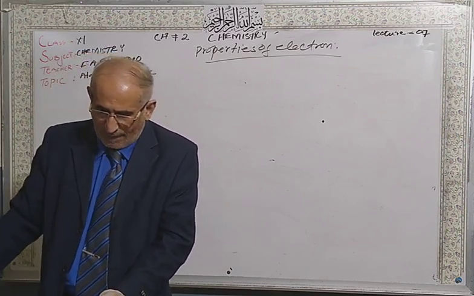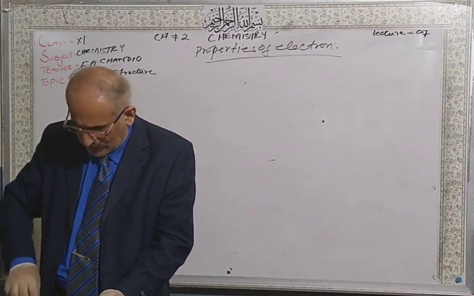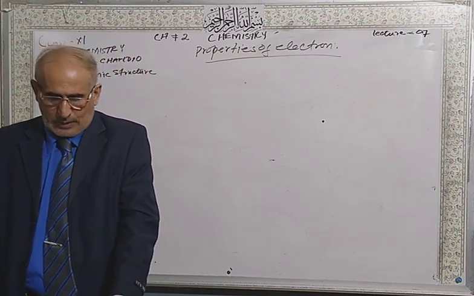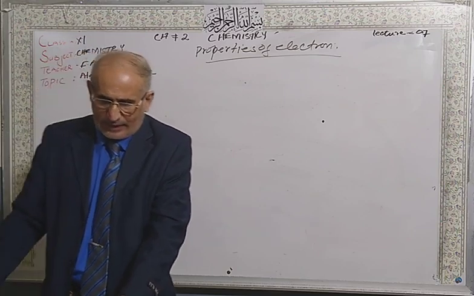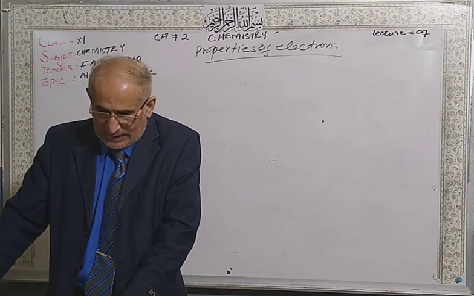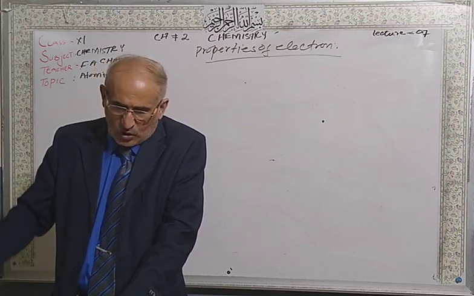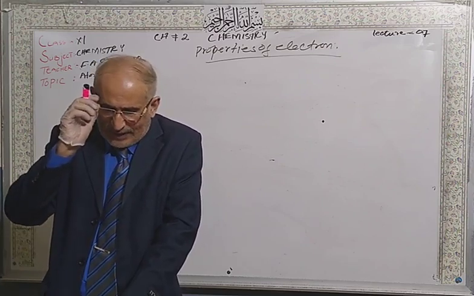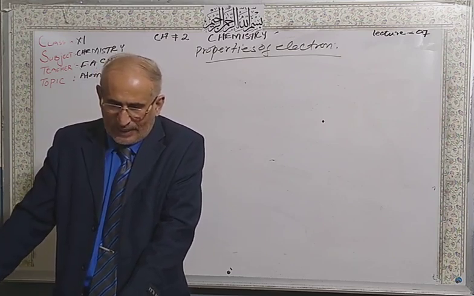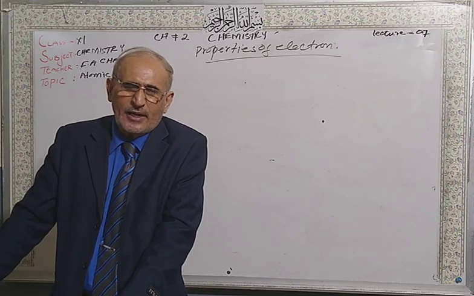Number 1, J. Perrin. If you open your book, properties: J. Perrin in 1895 showed that cathode rays are deflected by a magnetic field.